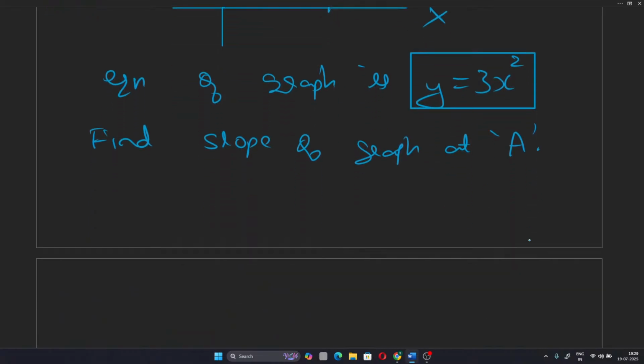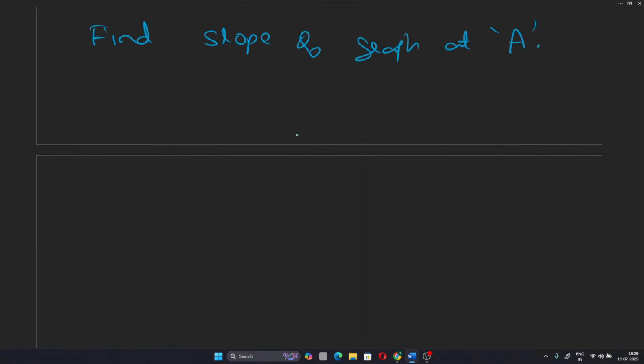Okay, the slope of a graph equals dy by dx.